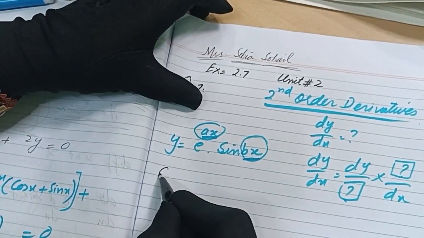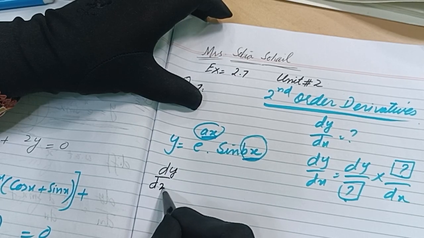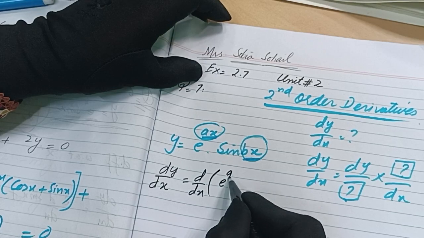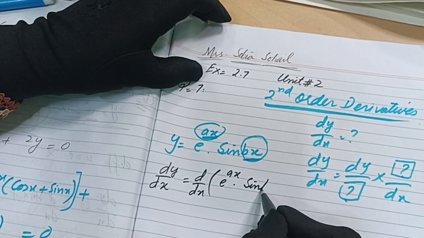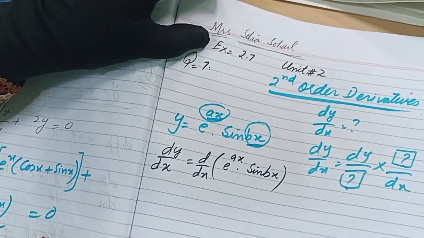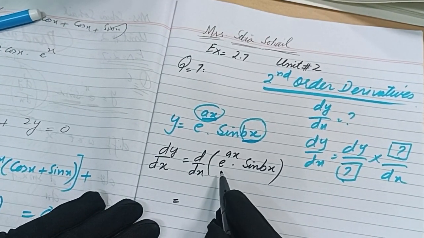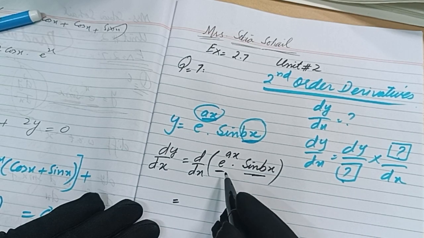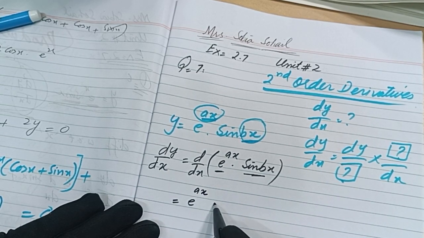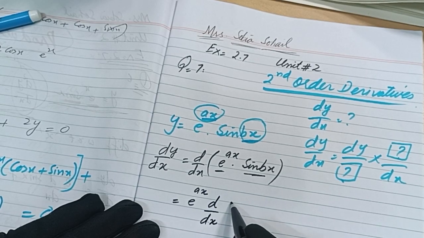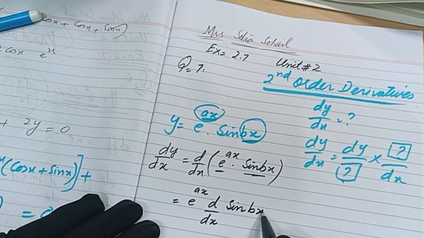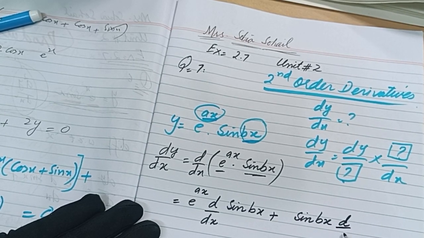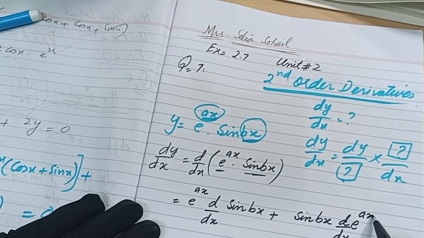So dy by dx equals d by dx of e power ax sine of bx. We can apply the product rule: first function as it is and take the derivative of the second function, plus second function as it is and take the derivative of the first function.